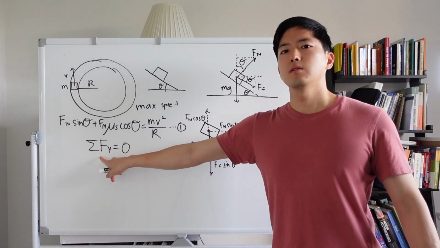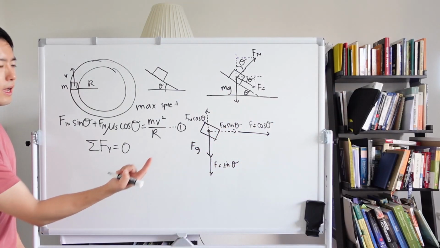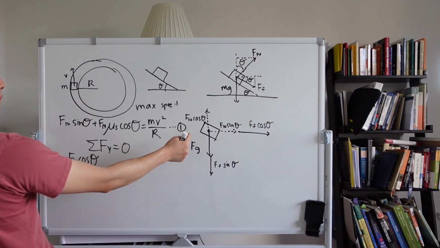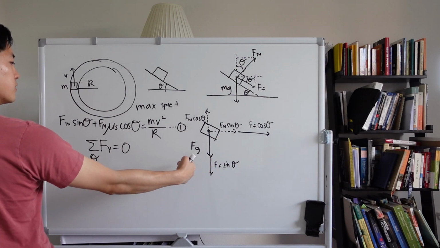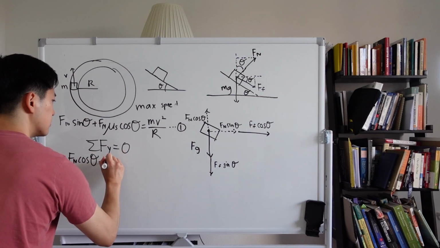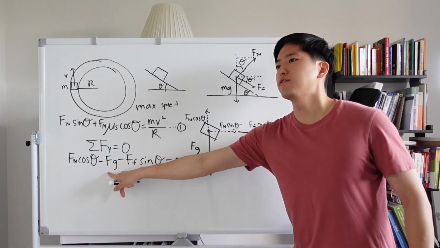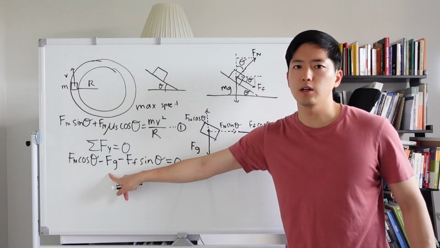And so let's sum up the forces along the y direction. We have f of n times cosine theta, and subtracting that by gravity and the friction force in the y direction.